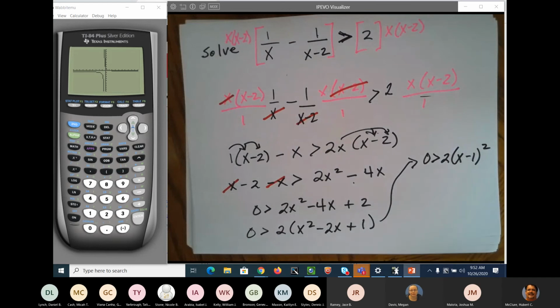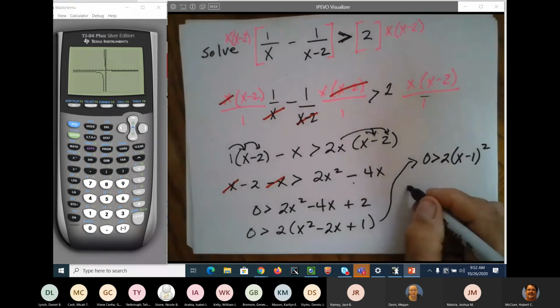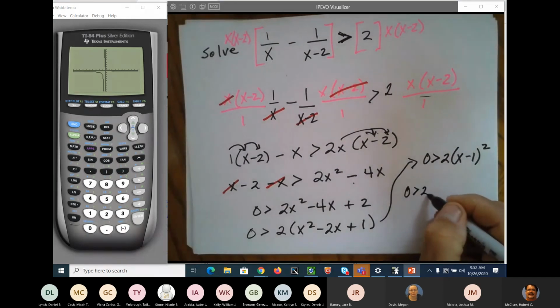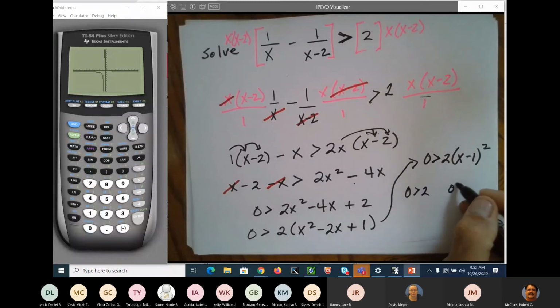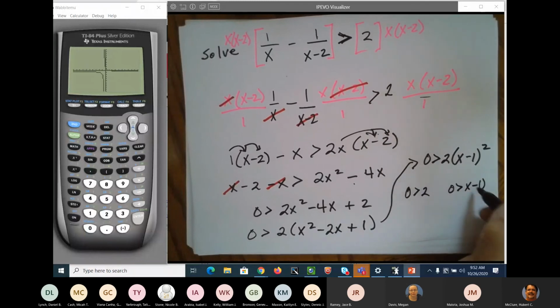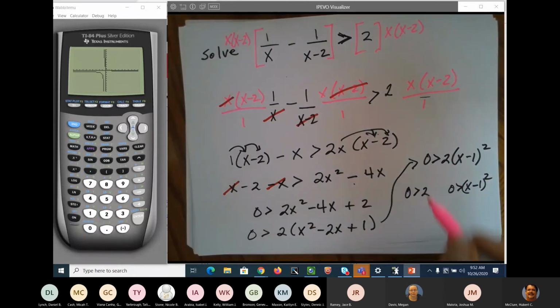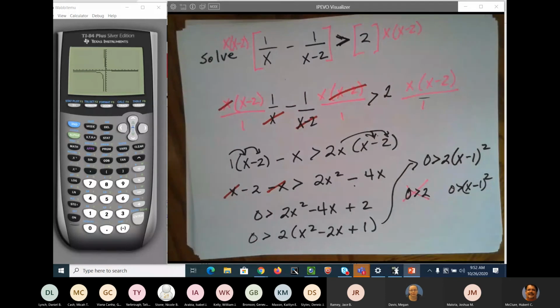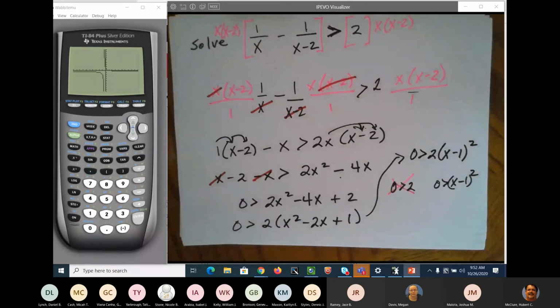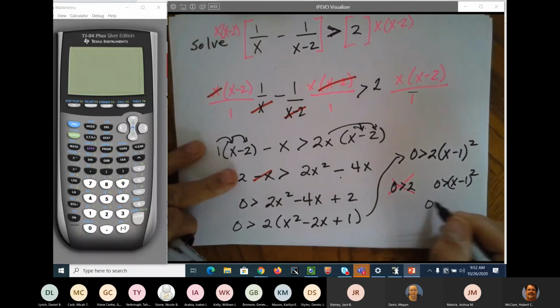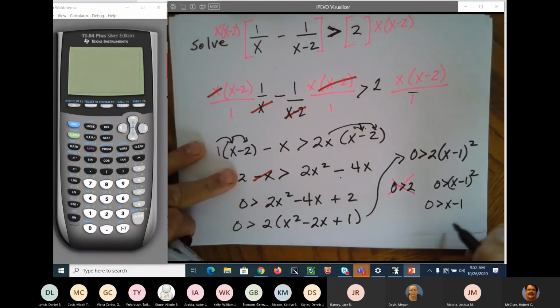And 2 is not less than 0, so 0 is greater than 2, and 0 is greater than x minus 1 quantity squared. And of course, that's not right. 0 is not greater than 2, so that's x'd out. And now you just solve this, and that's going to give you 0 is greater than x minus 1, and then x is less than 1.